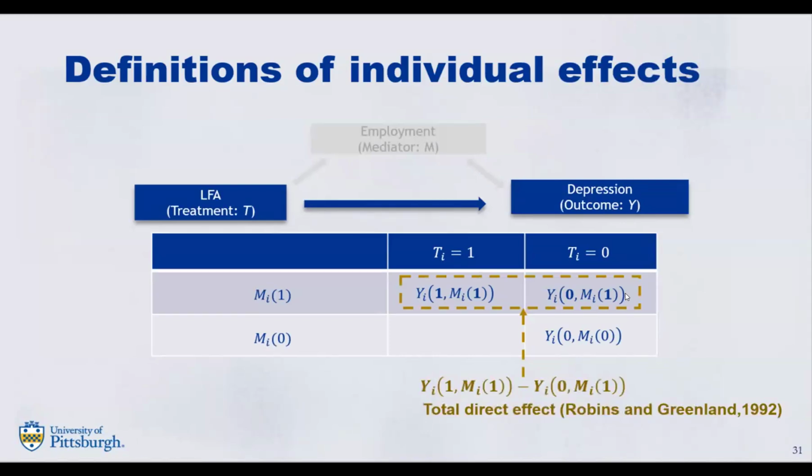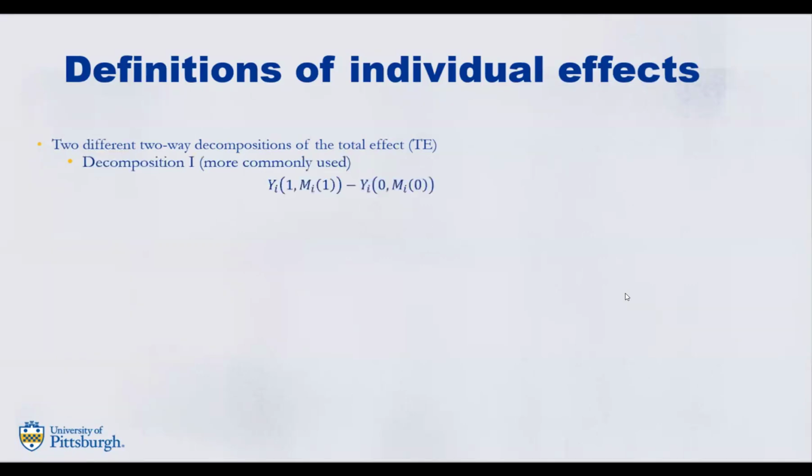So far, we have introduced two sets of definitions of indirect and direct effects. Let's summarize them. We try to decompose the total effect into two components, and we introduce two different ways. Decomposition one is more widely used.